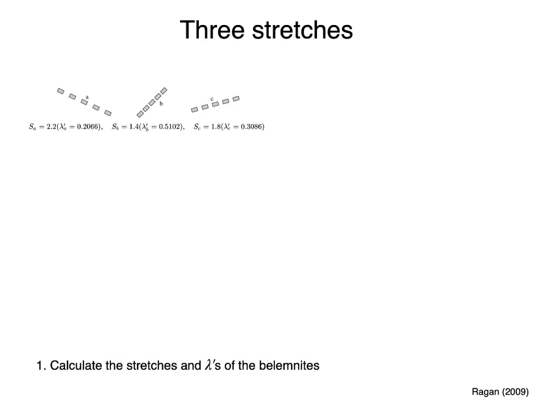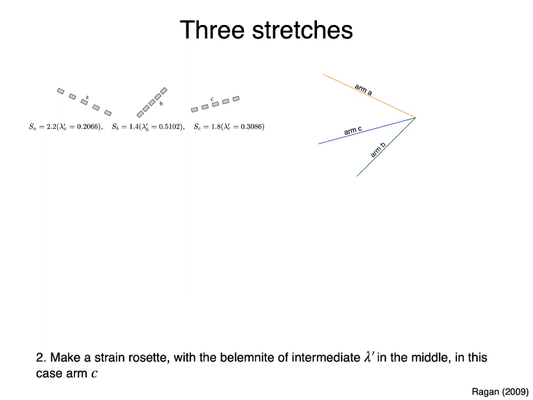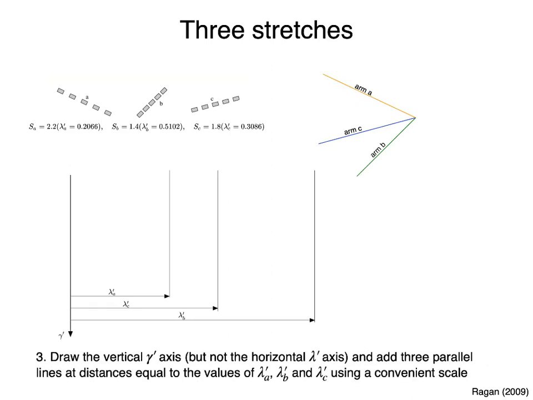From these stretches, we can calculate the lambda prime of the belemnites, lambda prime A, lambda prime B, and lambda prime C. We then make a rosette, with the belemnite of intermediate lambda prime, in this case belemnite C, in the middle of the rosette. We draw the vertical gamma prime axis, but not the horizontal lambda prime axis.